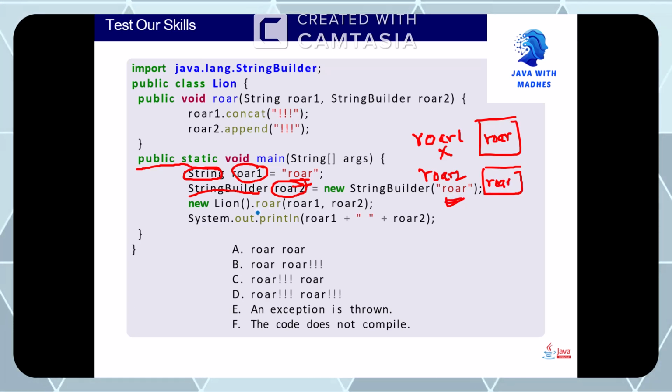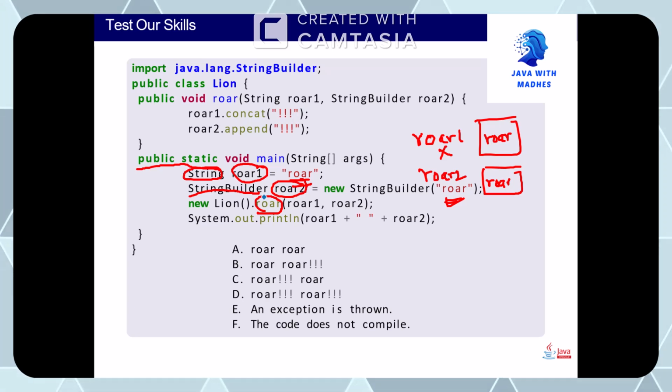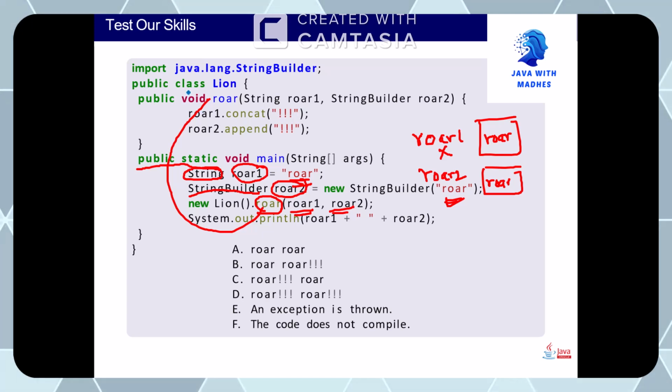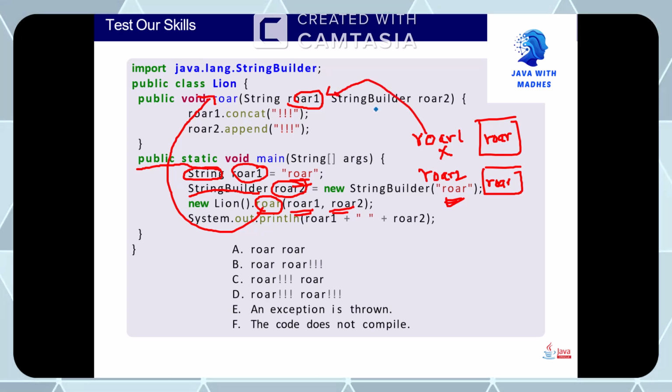Now I am calling a row function which is available here, by passing row 1 and row 2 as arguments. Now the compiler will go to the row function, and row 1 will be assigned to this row 1, and this row 2 will be assigned to this row 2.